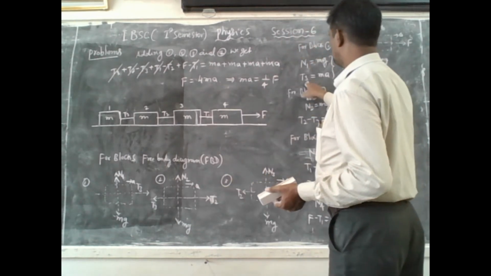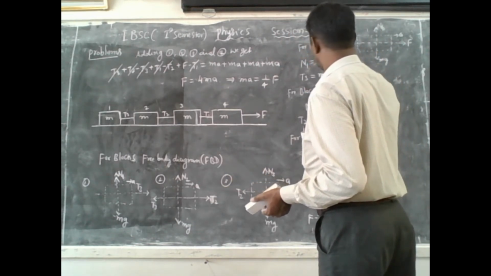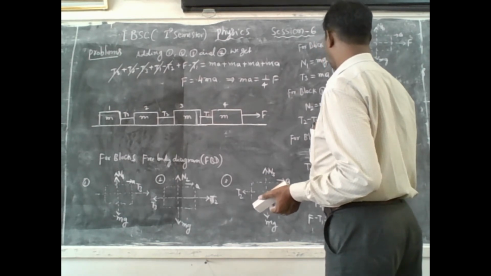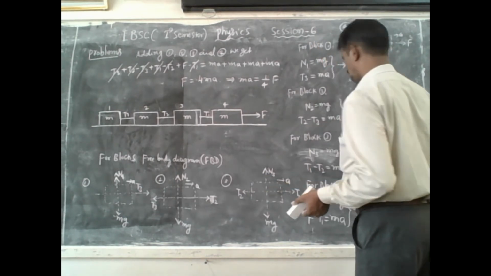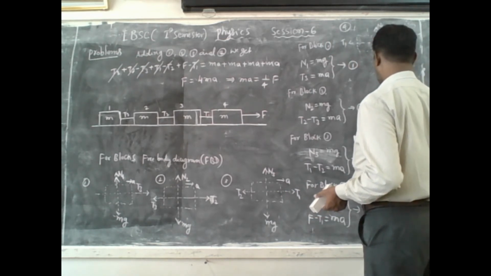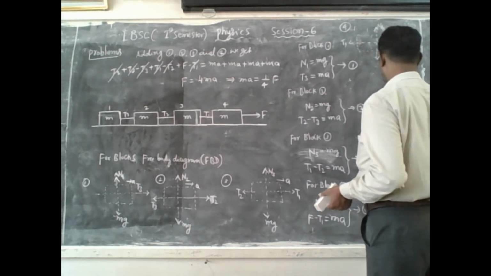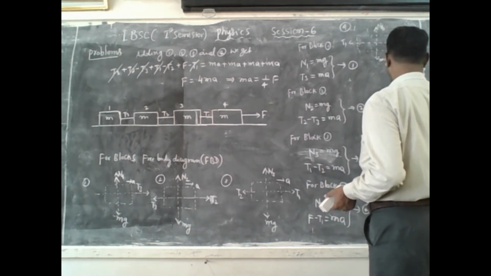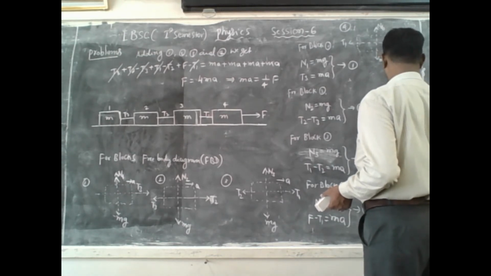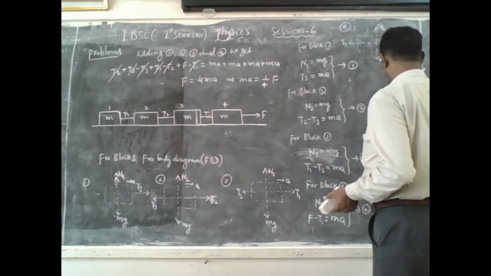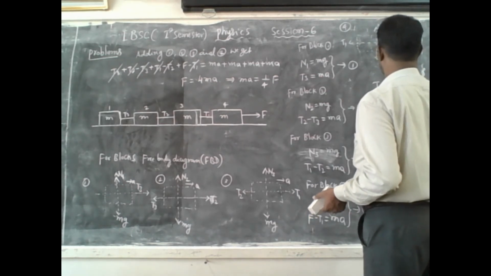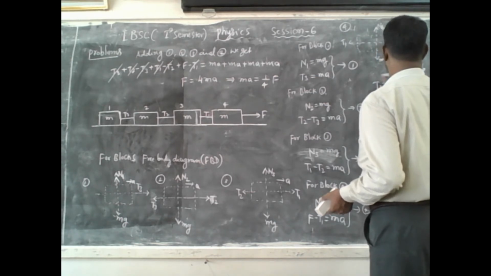T3 is equal to MA, then T2 minus T3 is equal to MA, therefore T2 equals 2MA, isn't it? T2 equals 2MA.